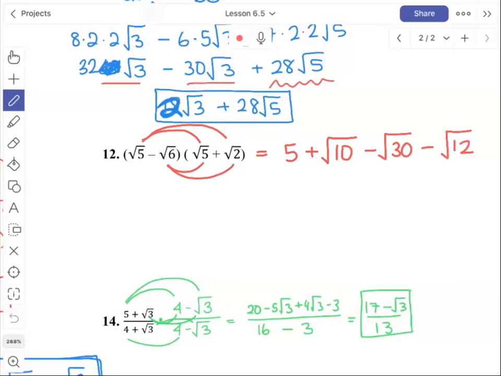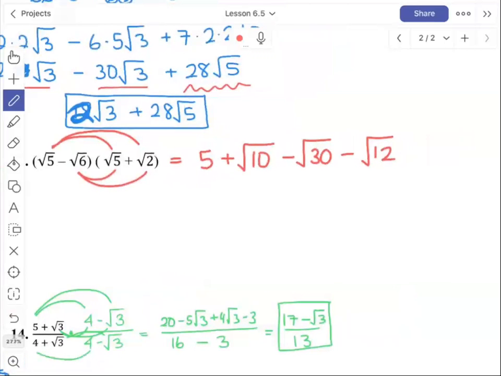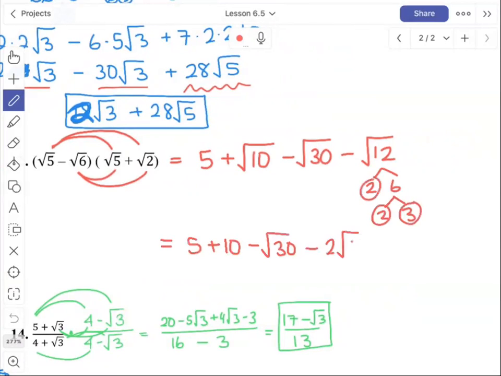Now we simplify. The 10 and the 30, there's nothing I can take out, but the 12, I can take out the 2. All right, so I can pull out the 2. And I'm left with -2, and then the 3 on the inside. I can't really combine anything, so that actually is it.